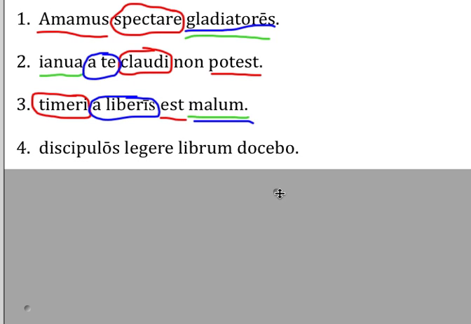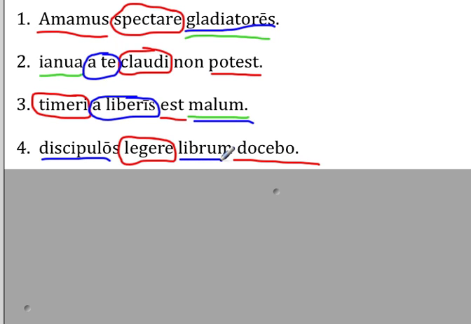Number 4, discipulos legere librum docebo. Alright, our main verb here is clearly docebo. We have an infinitive of legere. We have an accusative of discipulos, but wait, we've got another accusative of librum.